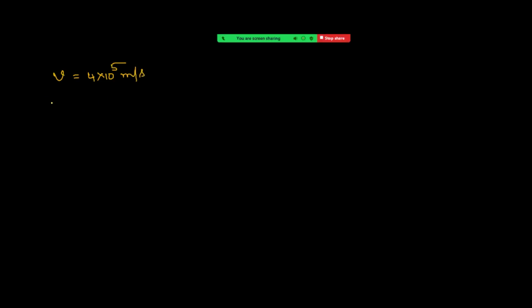Enters uniform magnetic field and field strength is 0.3 Tesla. And angle given 60, theta equal to 60. So find radius of the helical path taken and also pitch of the helix. Now see carefully.